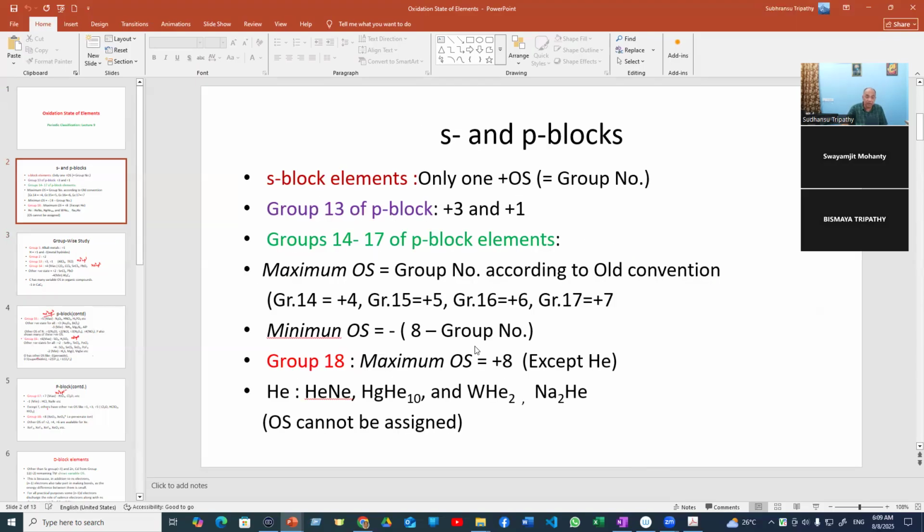But there are many we'll study for xenon compounds. You can assign xenon trioxide, and in the perxenate ion, it is plus 8. You will see later in xenon compounds. So it can go up to maximum plus 8 because it is octet, excepting helium.